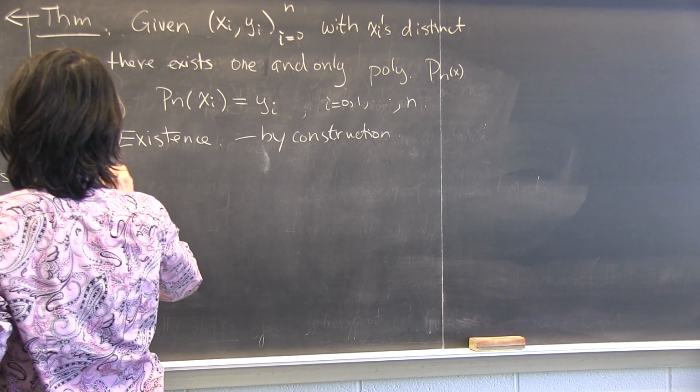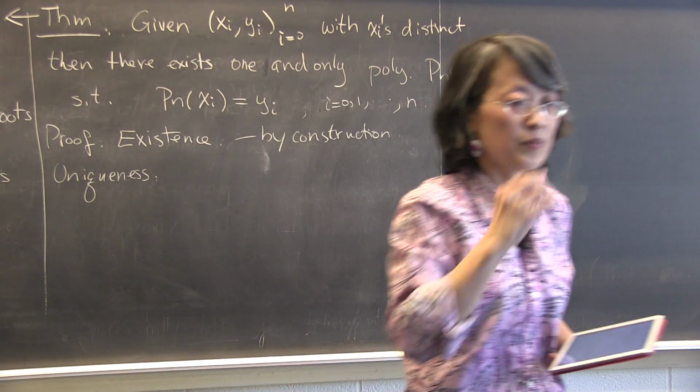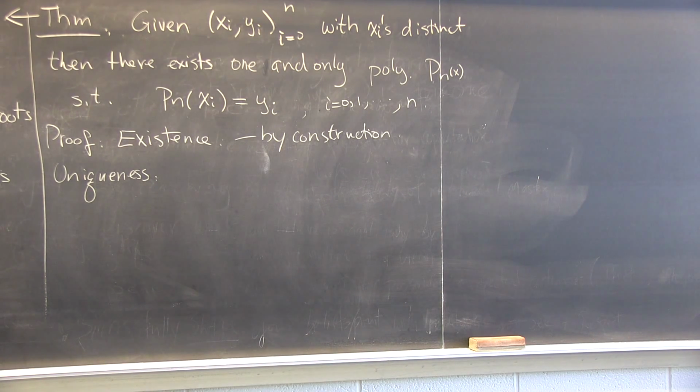How do you show that no matter which method I use, I always end up with the same polynomial? Always the same. So if you want to show there exists only one solution, what argument can you think of? Any suggestions? I want to show there is only one solution.